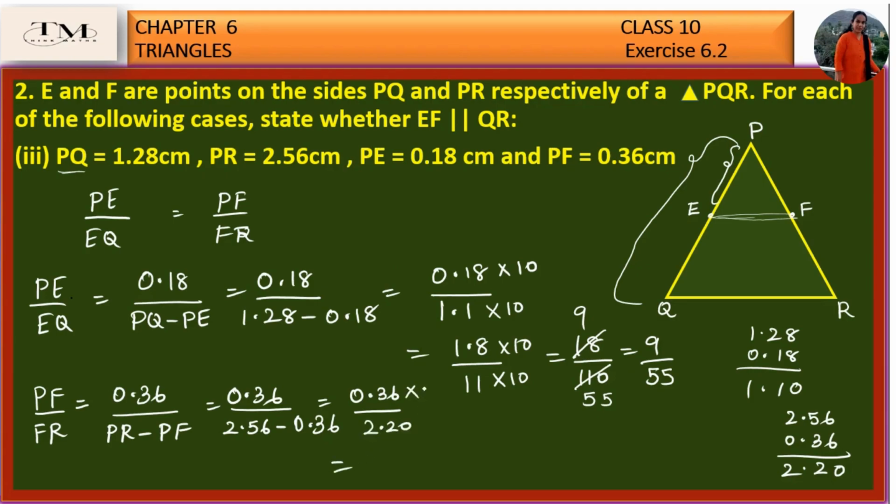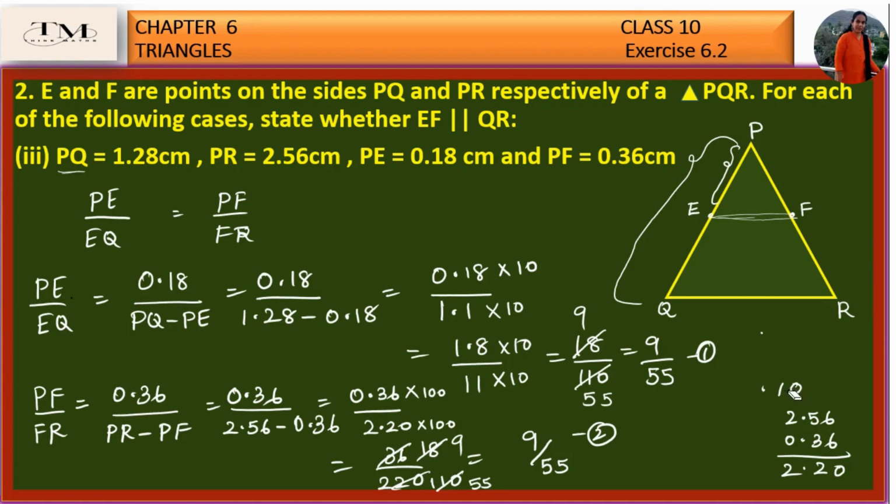So, if you multiply by 100, all the decimals get cancelled. So, 36 divided by 220. So, if you multiply by 2, you will get 18. Here, 110. Again, if you divide by 2, it is 9 2s are 18. Here, 55. So, the answer is 9 divided by 55. So, this is 1 and 2. So, we got the same ratio.